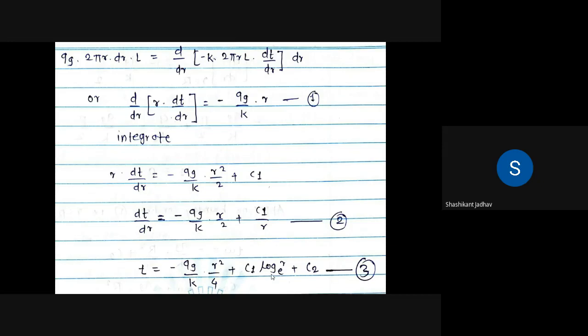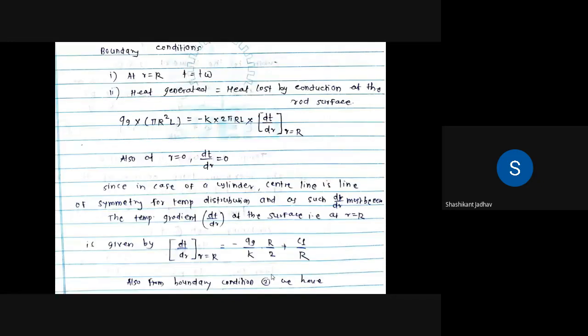Here we have to write the equation when small r is equal to capital R. Therefore dT by dr at small r is equal to capital R is minus qg by k into r by 2 plus c1 by r. That is, at the surface, the change in temperature with respect to radius has the equation minus qg by k into r by 2 plus c1 by r. Okay, so this is the one equation.